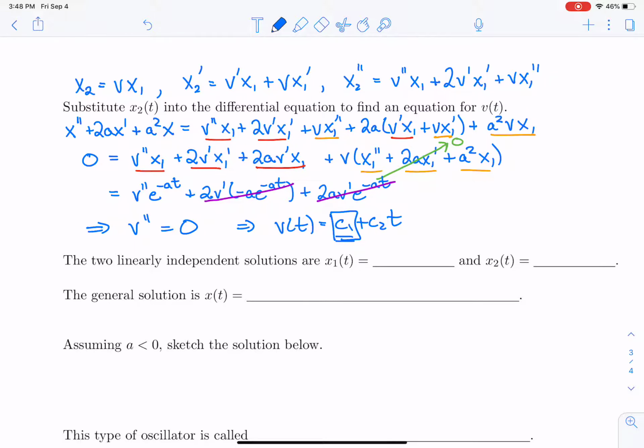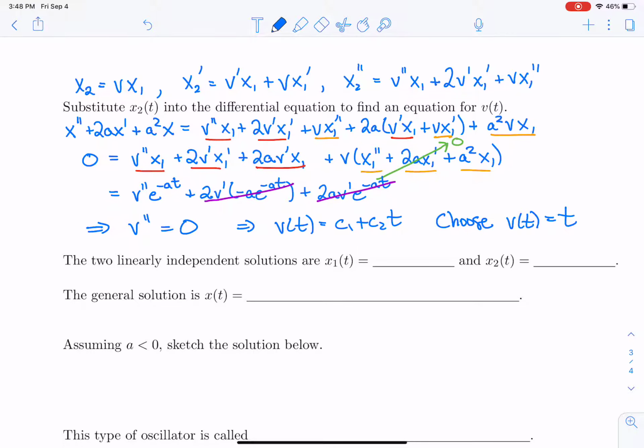So I only need the constant multiples of t times x1. Any v of t in this form will work, but I'm going to choose v of t just be t.